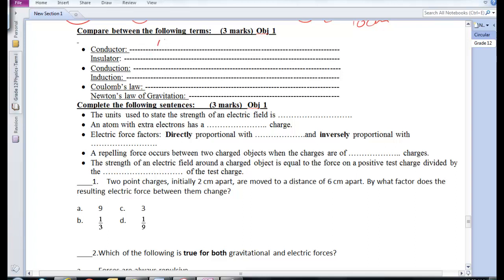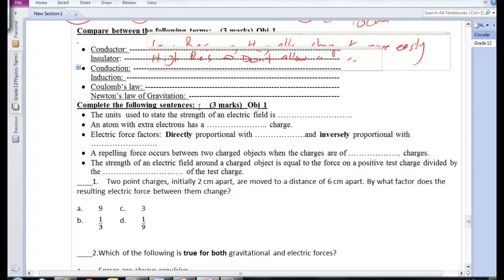So this is low resistance, and they allow the charge to move easily. Here it is high resistance and they don't allow the charge to move.